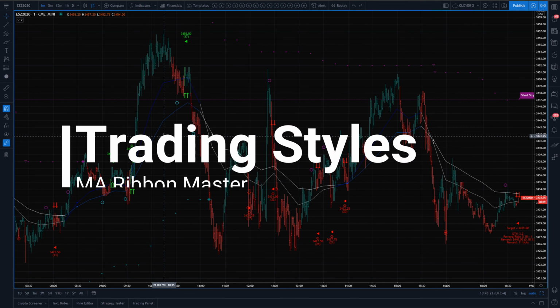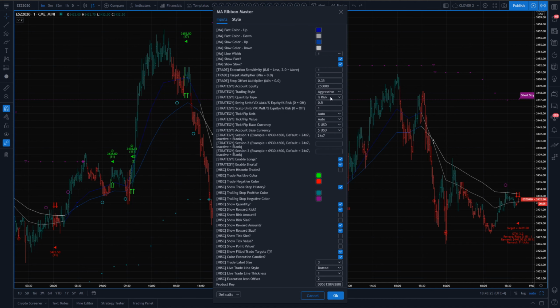With this strategy, there are 4 different trading styles listed under trading style, under strategy. Everything that's listed with strategy actually affects the outcome of the profitability of the strategy. Anything that's trade and strategy will affect the actual outcome of the strategy.